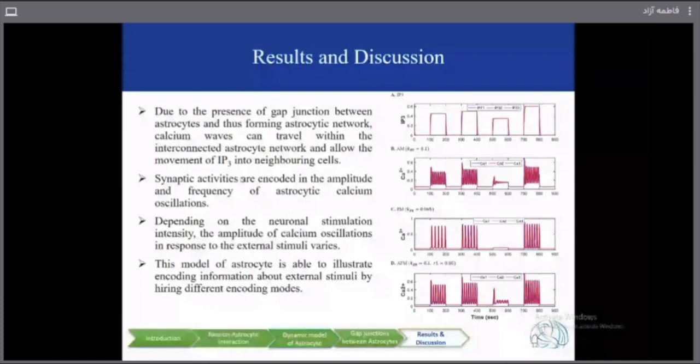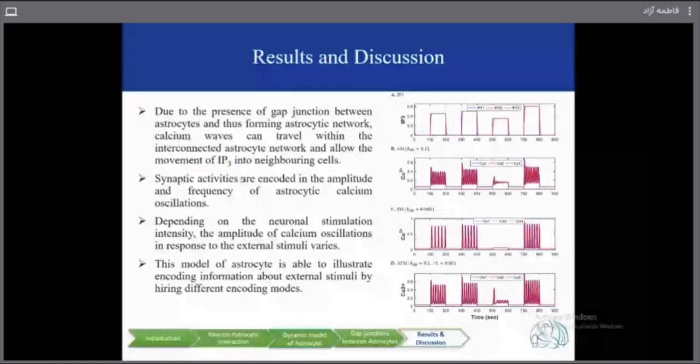As we can see, due to the presence of gap junctions, calcium waves in one astrocyte can travel within the interconnected astrocyte network, and we can see the encoded information as AM modulation, for example, in the second row, FM modulation in the third row, and AFM mode in the fourth panel.